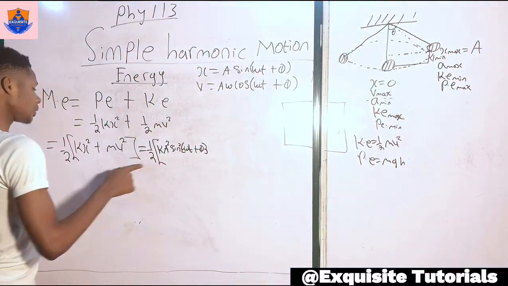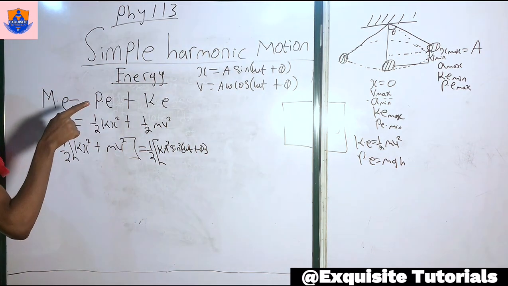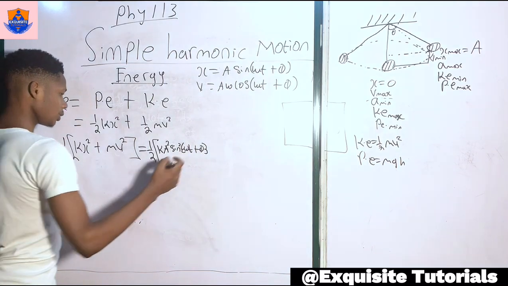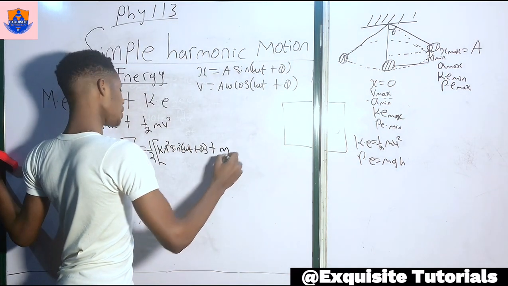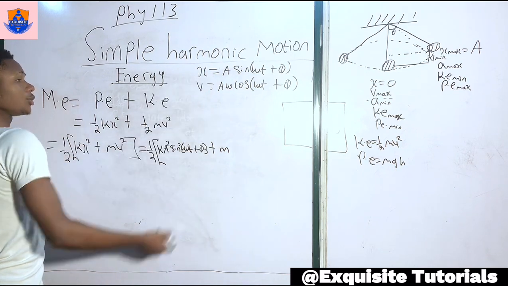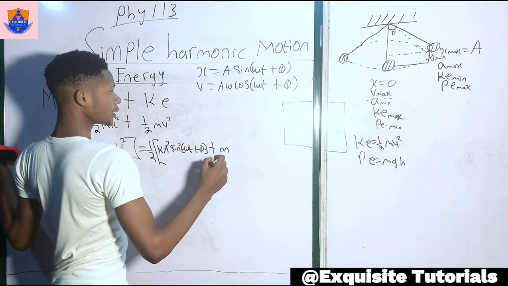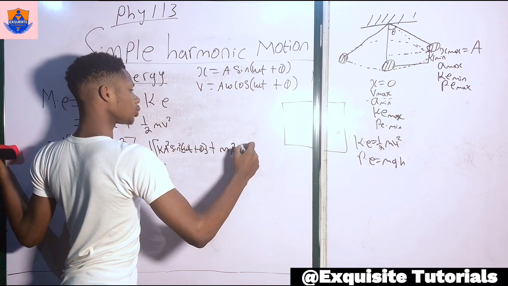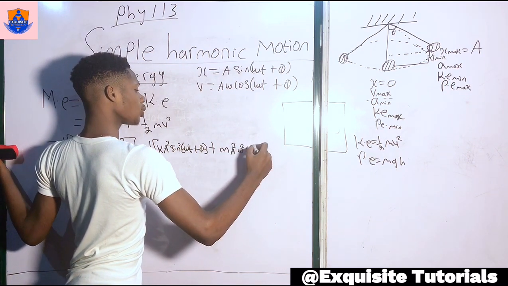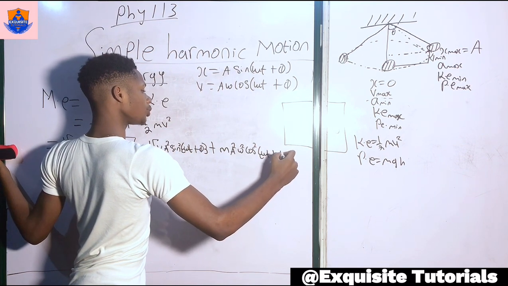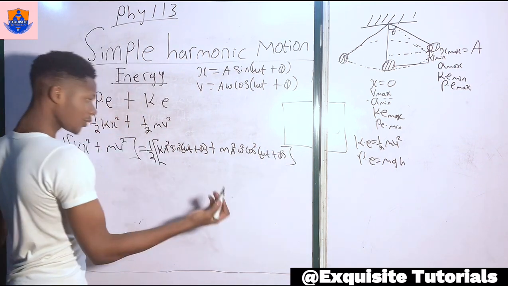I just expanded x, which is a sin(ωt + φ), squared directly instead of writing it again, plus m, and the velocity is aω cos(ωt + φ). Expanding directly, we obtain a squared ω squared cos squared(ωt + φ). This is the formula we obtain.